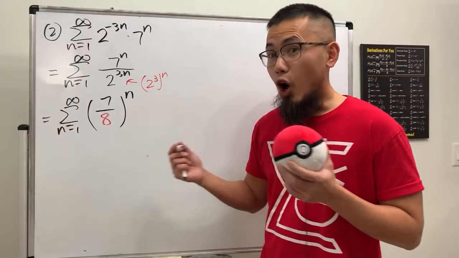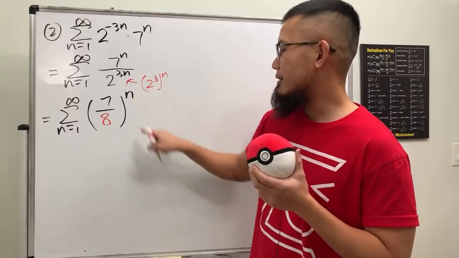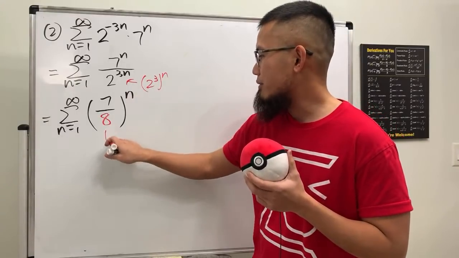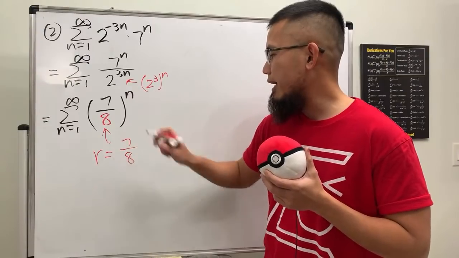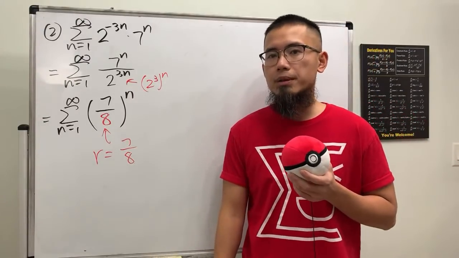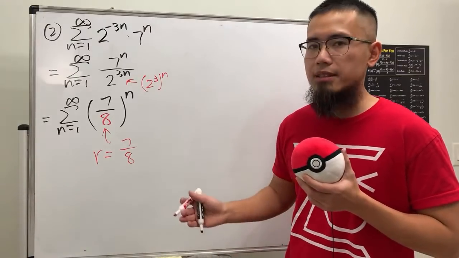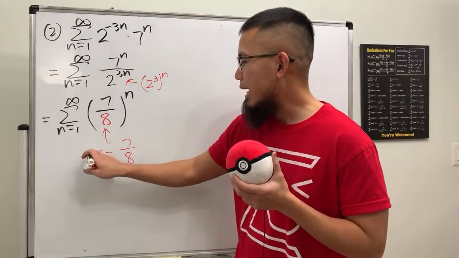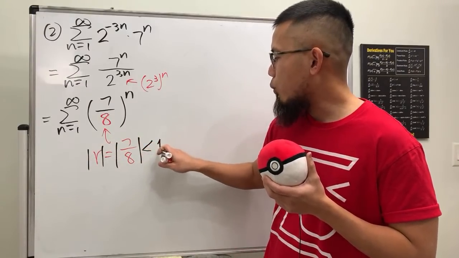So right here, because the base is just a number now, and the top is n, all you have to show me is that r is equal to 7 over 8, because this is a geometric situation. But don't just tell me r is equal to 7 over 8. More importantly, you have to tell me that the absolute value of r is less than 1.